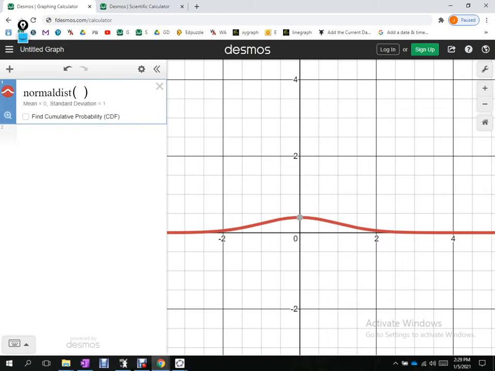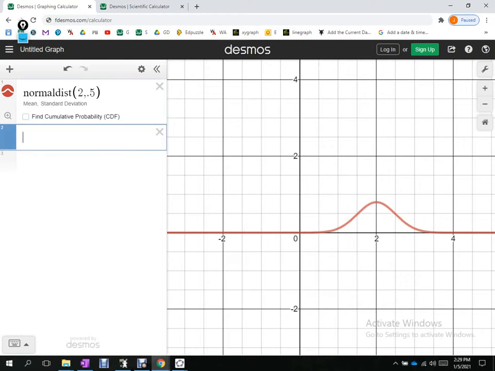If I don't put anything in those parentheses, and it's hard to see, but right here it says mean equals 0, and here it says standard deviation equals 1. If I clicked on that, it actually populated that, but you don't need to populate that if you don't want to. If I want to change the mean, so maybe I want the mean to be 2 and the standard deviation to be 0.5, you see that I can type that in and it changes the density curve, right? Which is fine. You can use that.